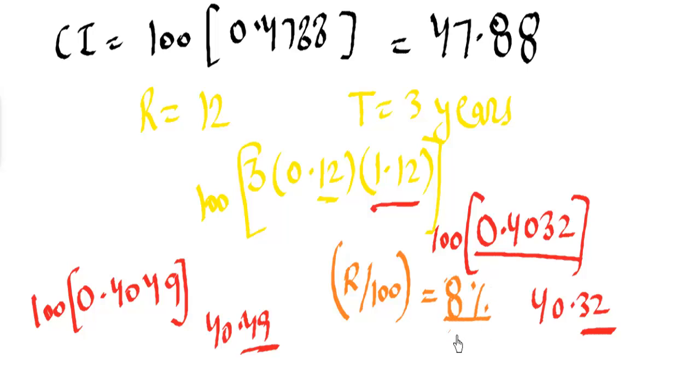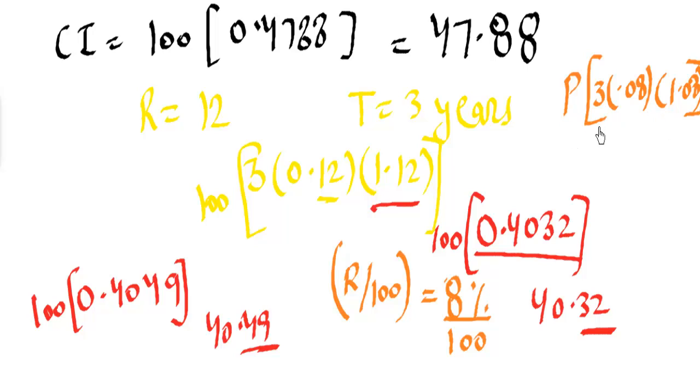So R divided by 100 will be 0.08. So I'll write it as principal into 3, which is easier to remember because my time period is 3 years, into my R by 100, into 1.08.